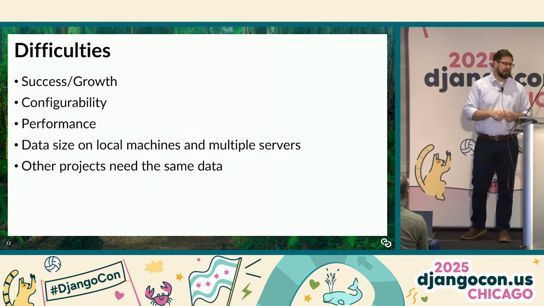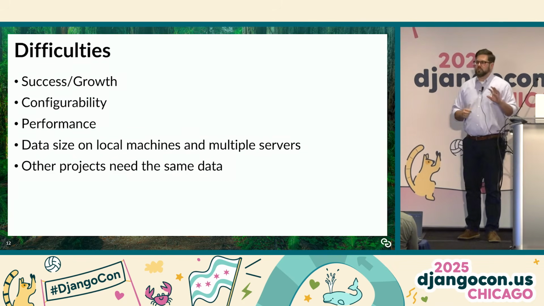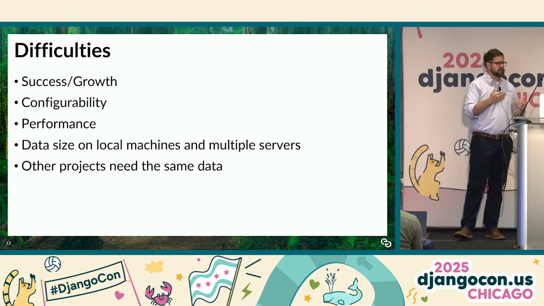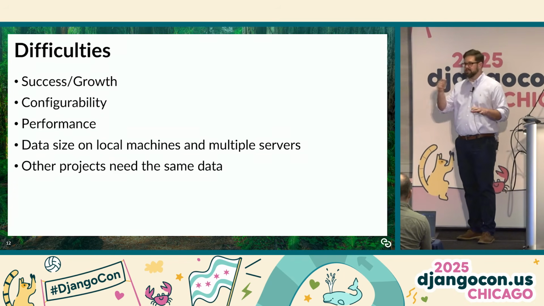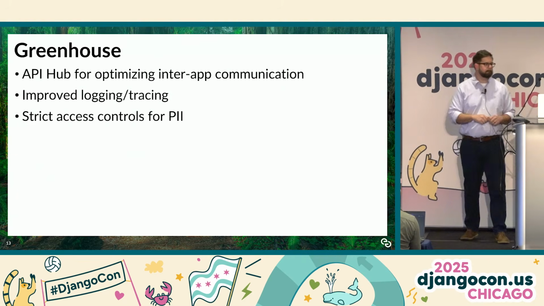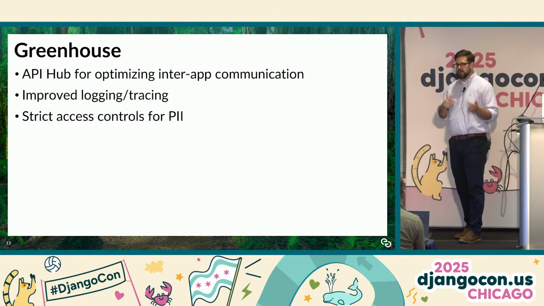The last difficulty we had was, as I mentioned, Iris has a lot of rebate programs, but there were other programs that we were starting to spin up and investigate that didn't quite fit that same mold. But they still needed access to this same data. We actually have a project that was already created for this purpose.